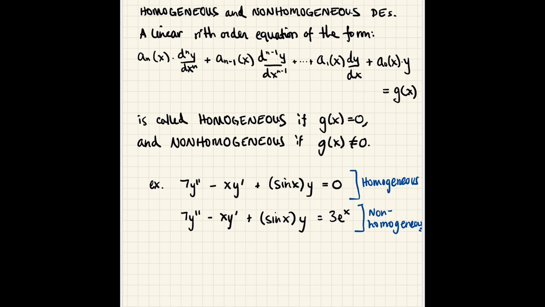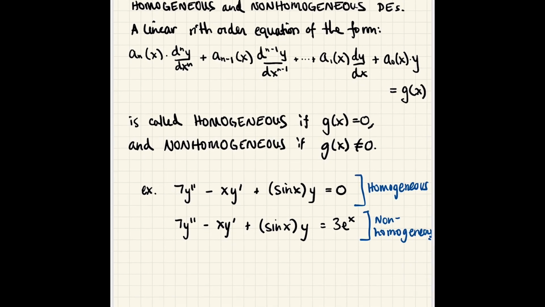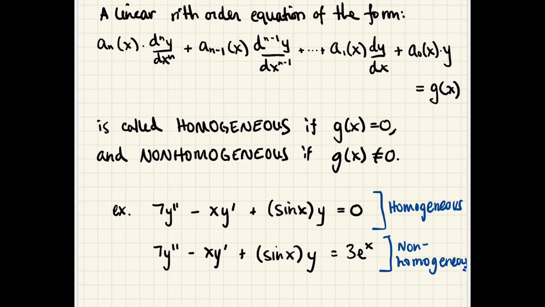One of the big reasons why this distinction is important is because the main technique we use to solve a non-homogeneous equation like this is by first writing its associated homogeneous equation, that is, discarding everything on the right, and the technique for solving that is significantly more straightforward. It turns out that the solution to the associated homogeneous equation is going to be part of the solution to the non-homogeneous equation.